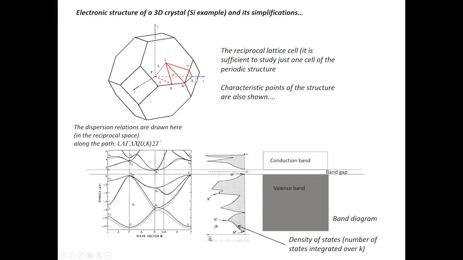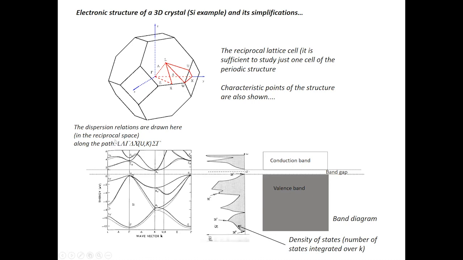Then you walk along these lines and check the energy. And when you study the literature, you can find representations like that. The dispersion relations are shown along some paths in the reciprocal unit cell, like here.